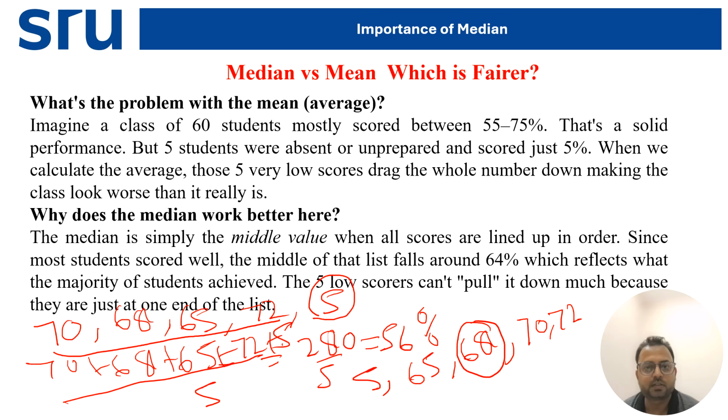The difference is that one student scoring 5% dragged the mean down by 12 points, but could not move the median at all. The median is 68%, which is the fairer representation of class performance. The mean of 56 is misleading because of that one low score.